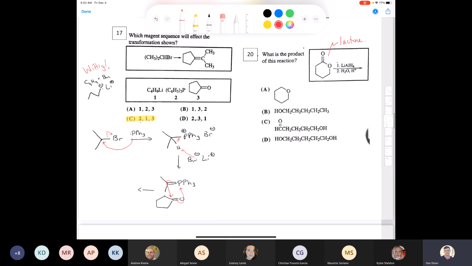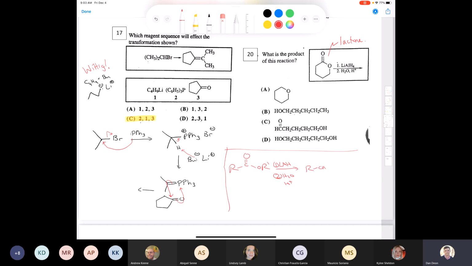If you just memorize, okay, if I take an ester like this, we'll call this R prime, and I treat that with lithium aluminum hydride followed by an aqueous workup, what am I going to get?